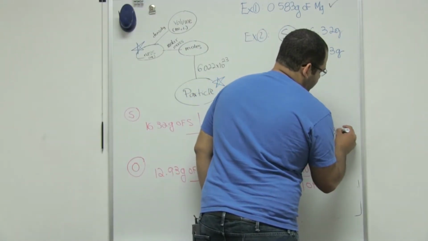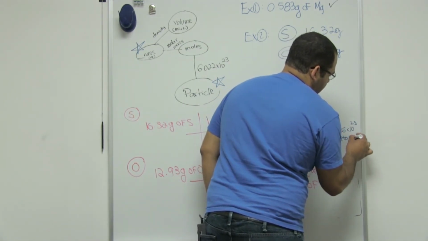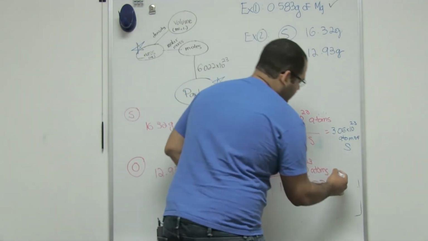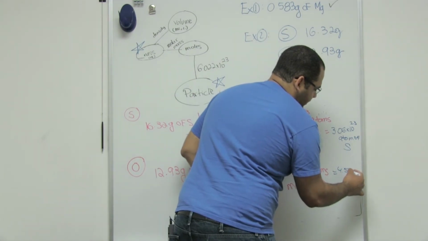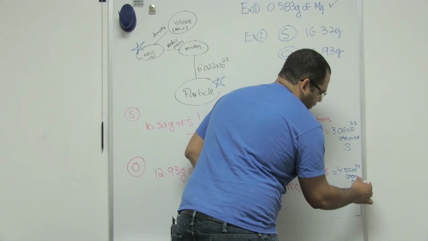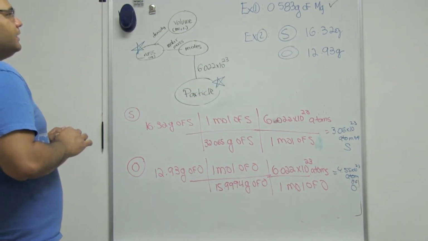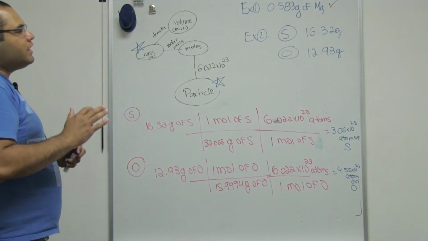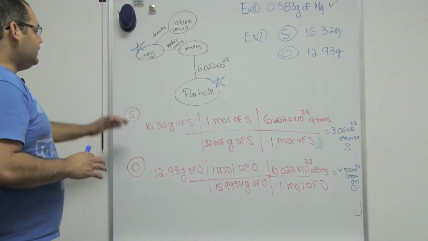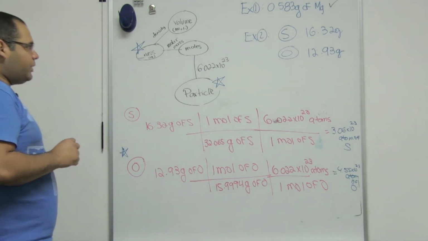This would be 3.06 times 10 to the 23rd atoms of sulfur and 4.55 times 10 to the 23rd atoms of oxygen. Therefore, I know that 12.93 grams of oxygen has more atoms than 16.32 grams of sulfur. So this one has more atoms.